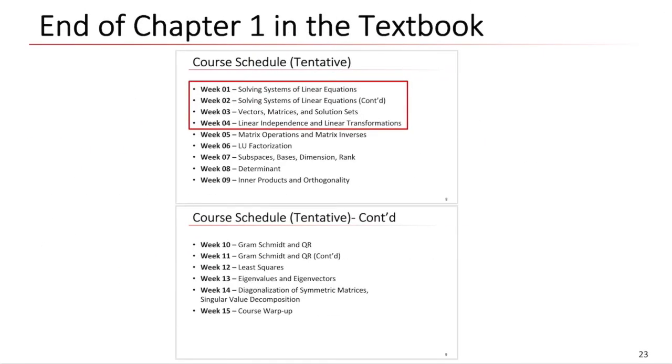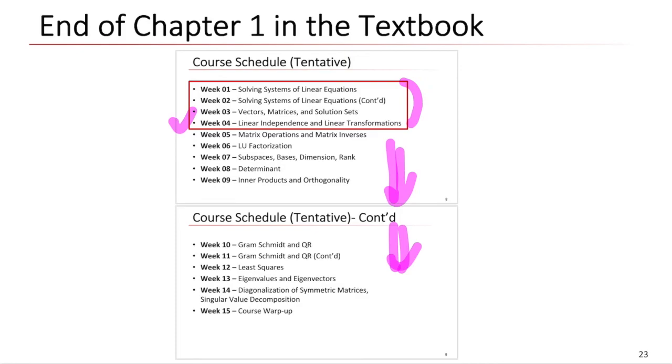Okay, so this is the end of chapter 1 in the textbook. We are now here. From now on, there are several kinds of topics related to linear algebra, but please remember, we have just talked about the Ax equals b or Ax equals 0 problem.